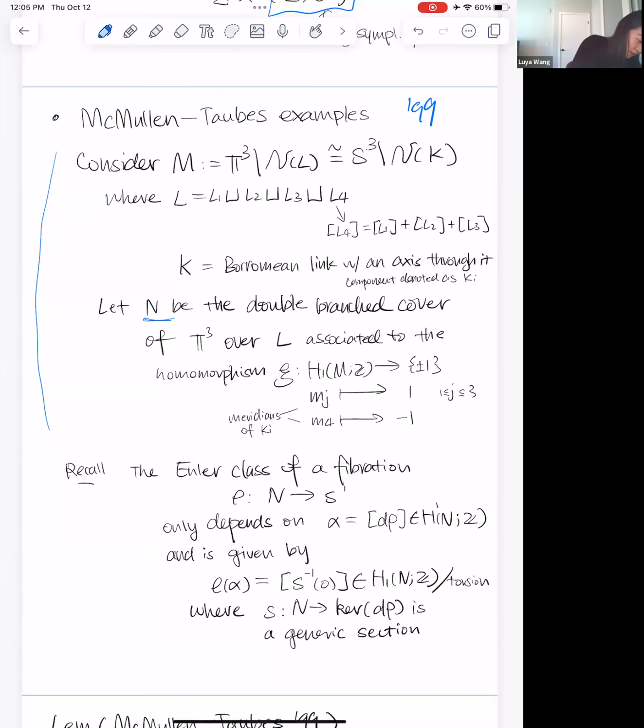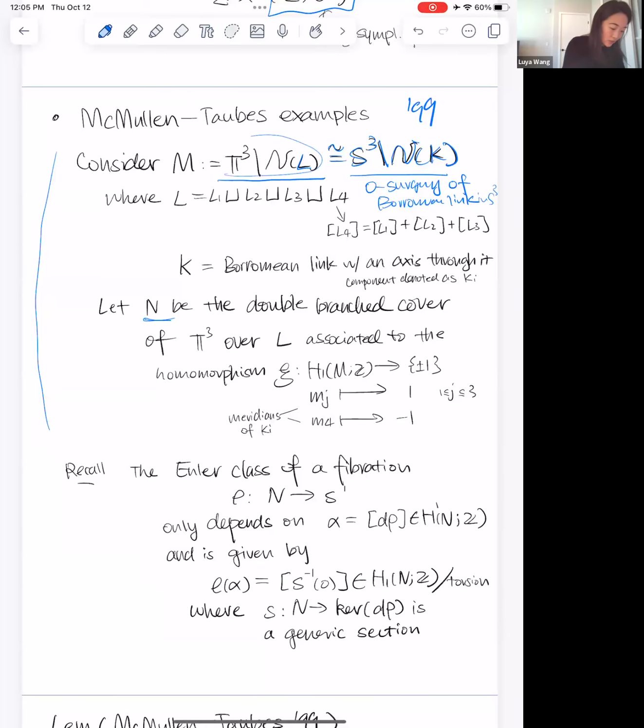So you consider the 3-manifold that's T3 minus a link, and you can find a diffeomorphism between these three-manifolds. It's not easy to see, but this is induced from the zero surgery on the Borromean ring, the Borromean link in S3.